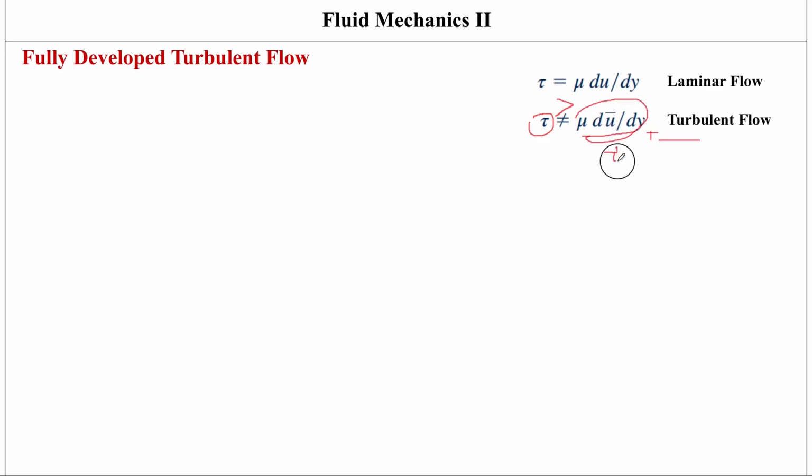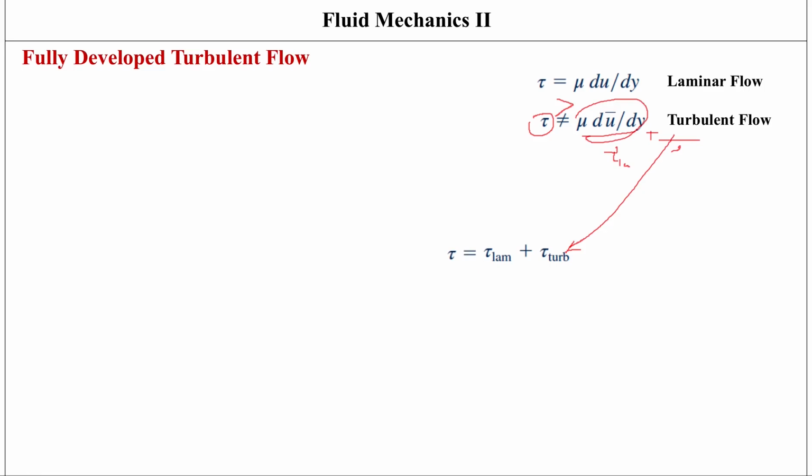This is the laminar shear stress. So I just have to add some other value, and I call this other value the turbulent shear stress, okay? And I add the two up, and this would give me the total shear stress for a turbulent flow, okay?